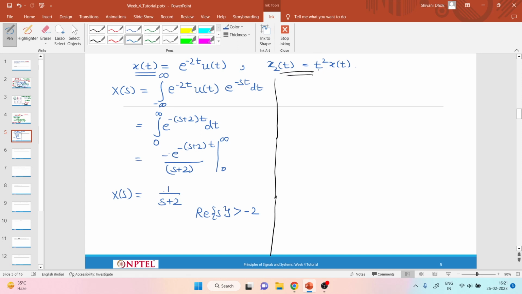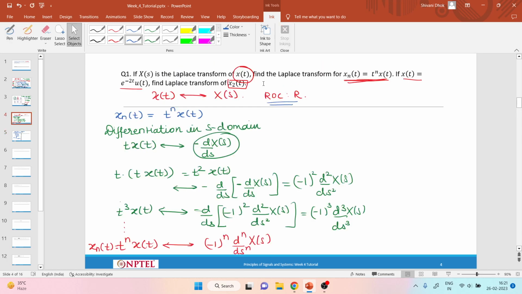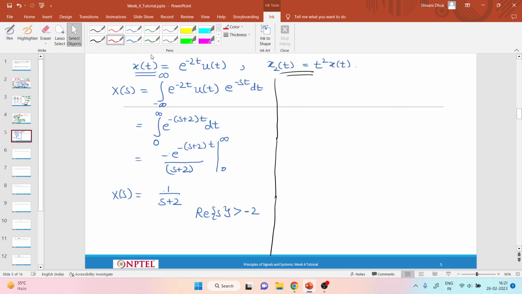If I use the expression that I have derived here, the Laplace transform of x2 of t, X2(s), will be equal to (-1)^2 d square by ds square X(s). So this is equal to d2 by ds square X(s).